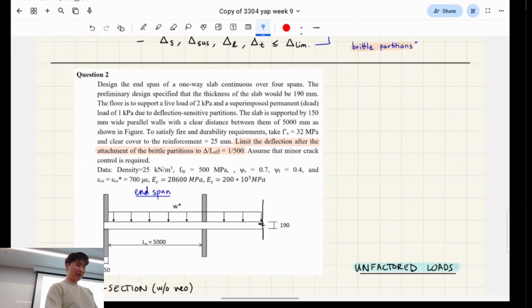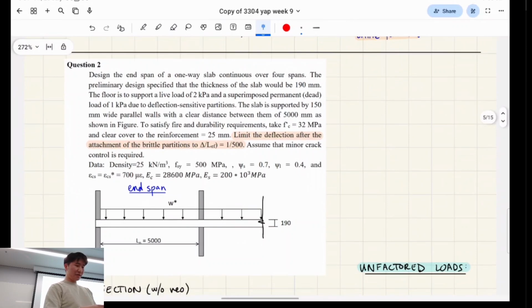The slab is supported by 150 mil walls, which are essentially the columns, with a clear distance of 5,000 mil, which is this net length, the net span, shown in the figure.